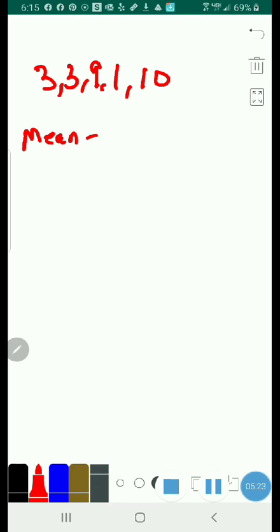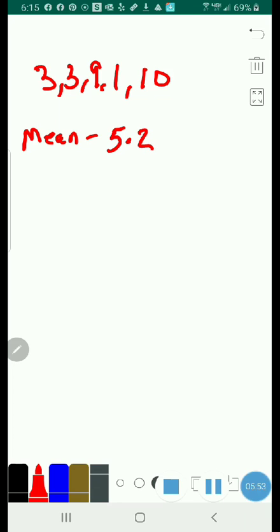All right, so if you add these numbers up, you get 26, okay? And we have 5 numbers here to count: 1, 2, 3, 4, 5 numbers. So we take that 26 divided by 5, and that gives us a mean of 5.2, okay?